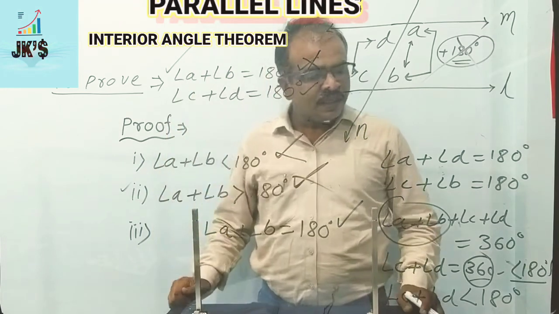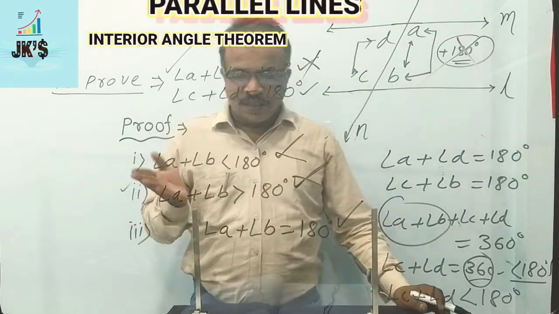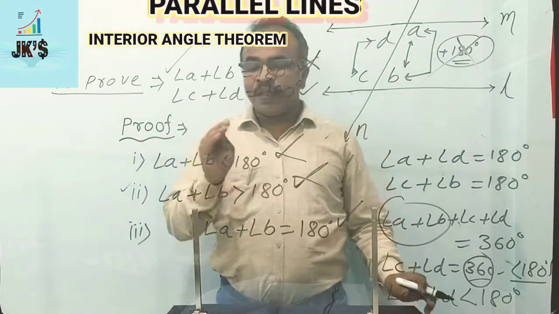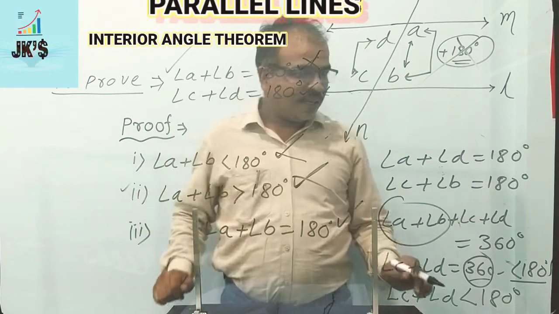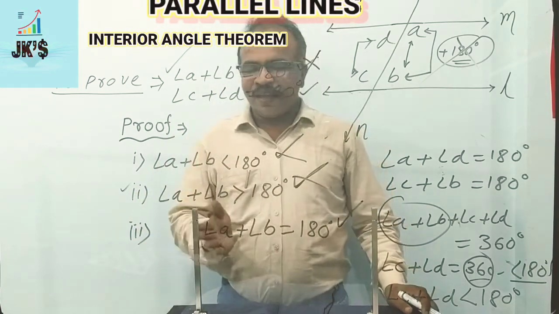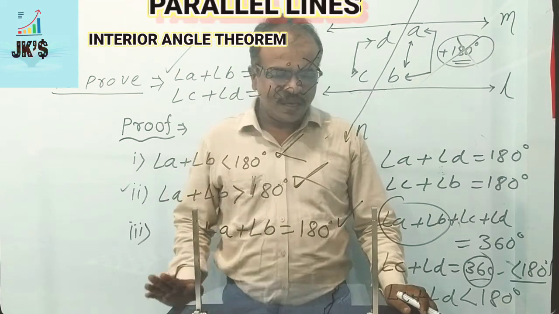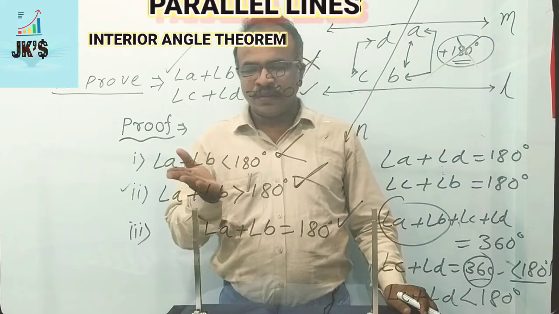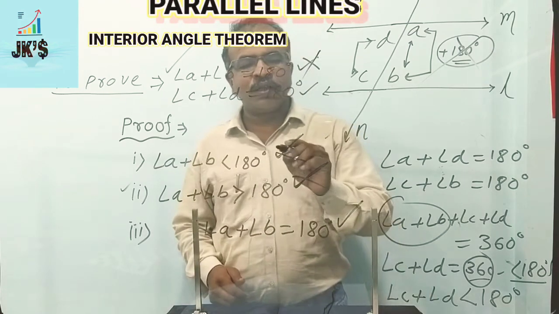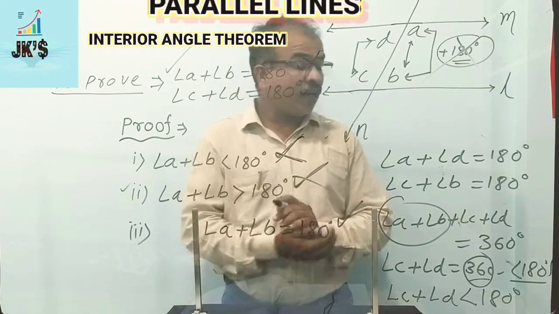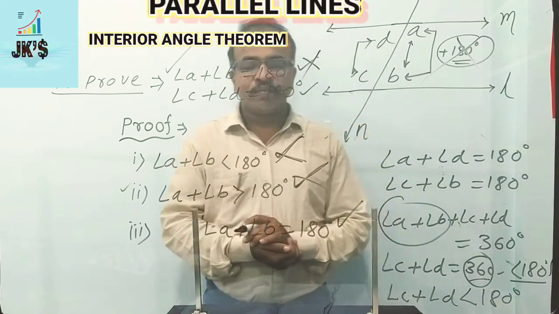Second possibility, the angle A plus B is greater than 180, and third, angle A plus B equals 180. Out of which we have proved that the first one is wrong according to Euclid's postulate.